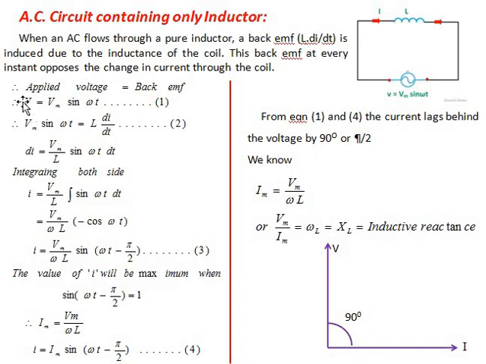Therefore the applied voltage is equal to the back EMF. We know the applied voltage is V is equal to Vm sine omega t. So Vm sine omega t is equal to L into di by dt, that is the back EMF developed inside this inductor.